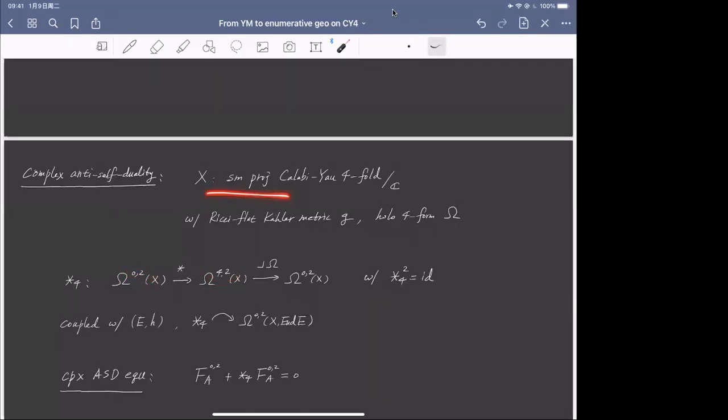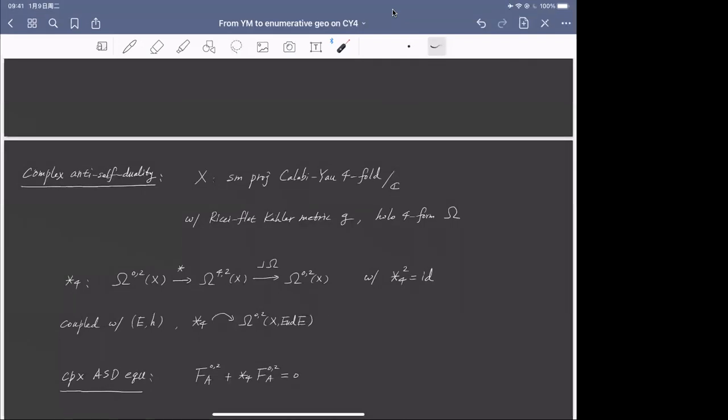So this matches. Now, because we have a distinguished volume form Omega, we can contract with this volume form the 4 part. Then this maps back to the space of 0,2-forms. By this trick, we can construct an involution on the space of 0,2-forms. This is quite a remarkable structure, special to Calabi-Yau fourfolds.